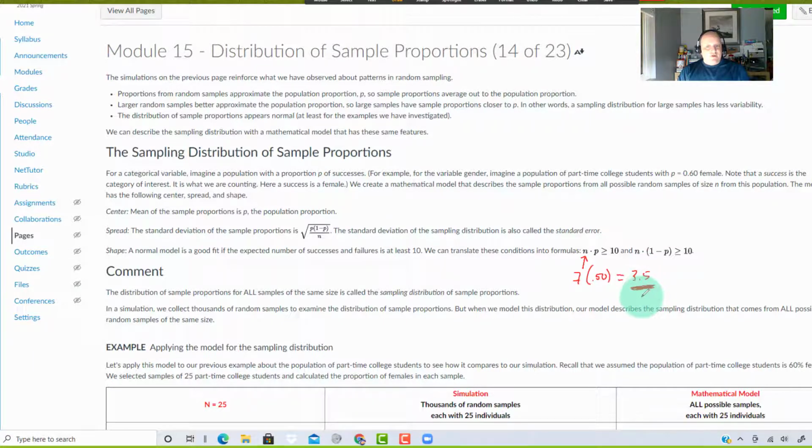So on average, we'd expect to see about 3.5 times we'd get a black card. And that's not 10. So even though we did all of that work, unfortunately, it's based on a model that we cannot use.